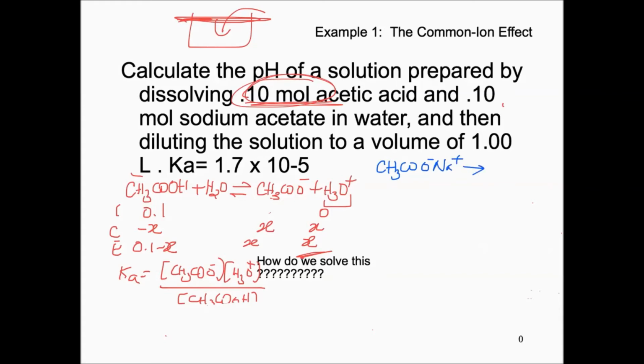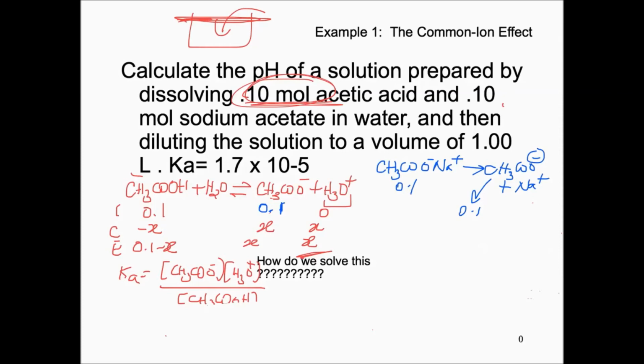Sodium acetate is like sodium chloride for that matter. It's a salt. So the moment you put it in water, it will spontaneously and completely ionize to give you acetate and sodium. That means if you begin with 0.1 moles, it is going to give you 0.1 moles of acetate. What does that tell you? That tells you that you actually are beginning with 0.1 moles of acetate within that beaker.